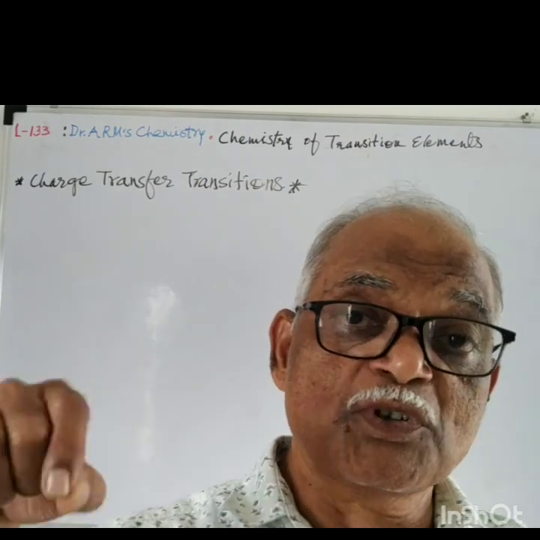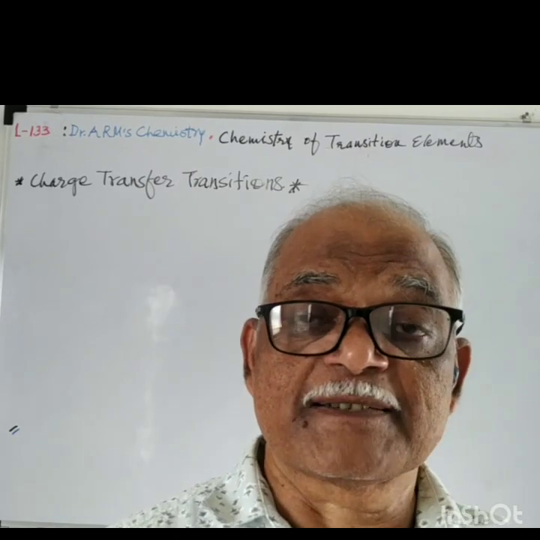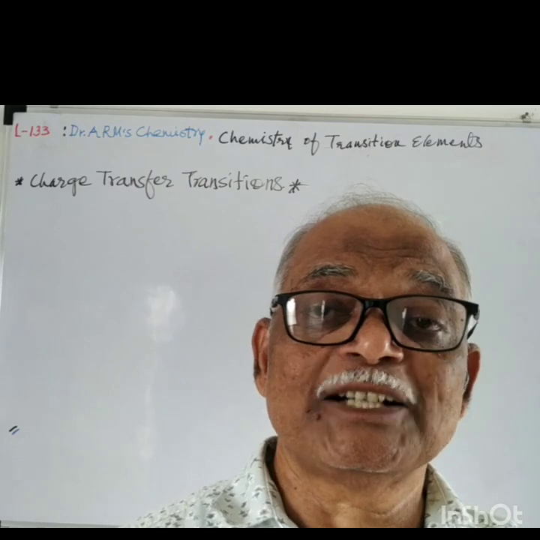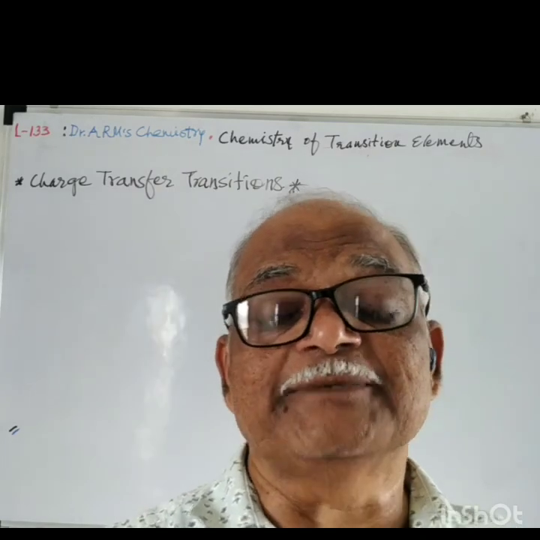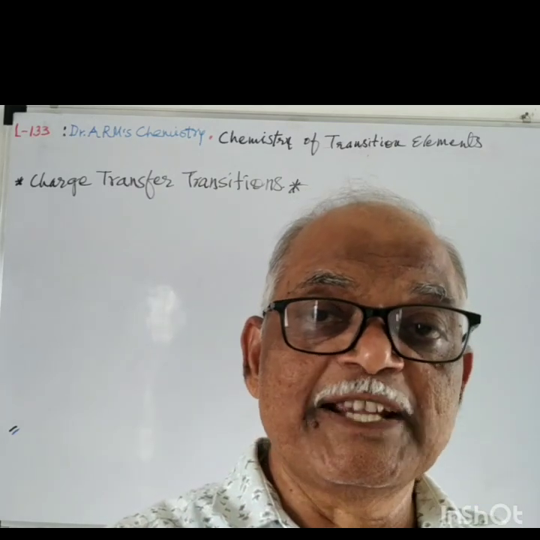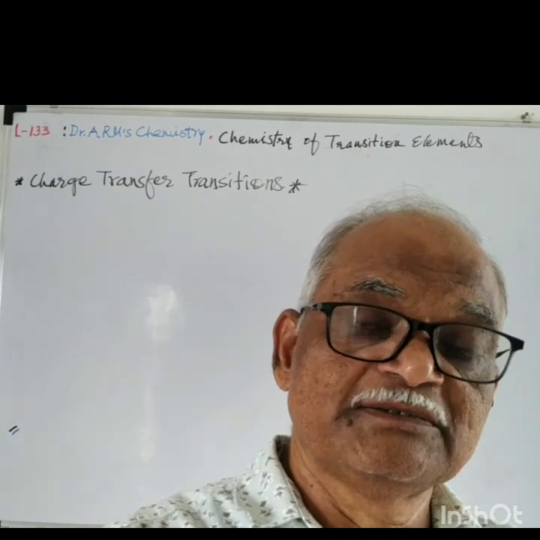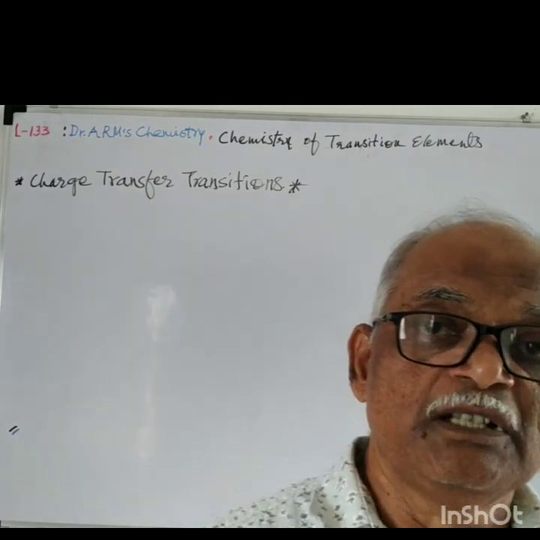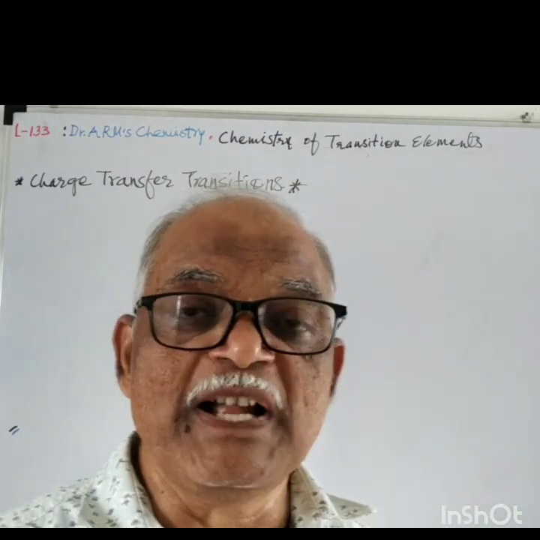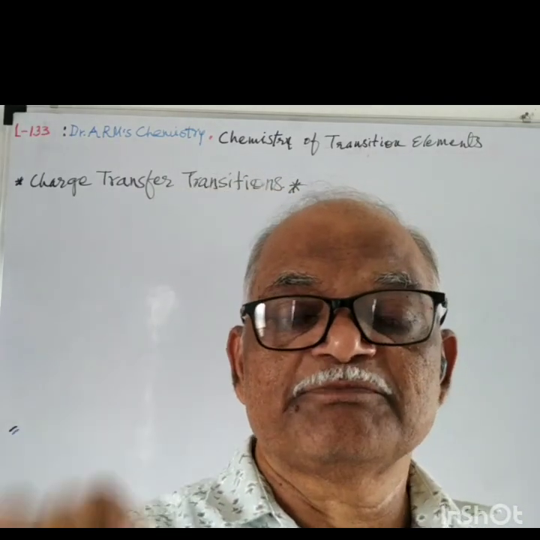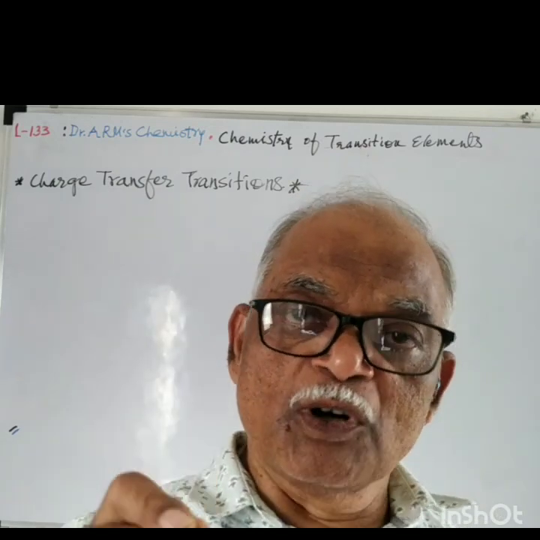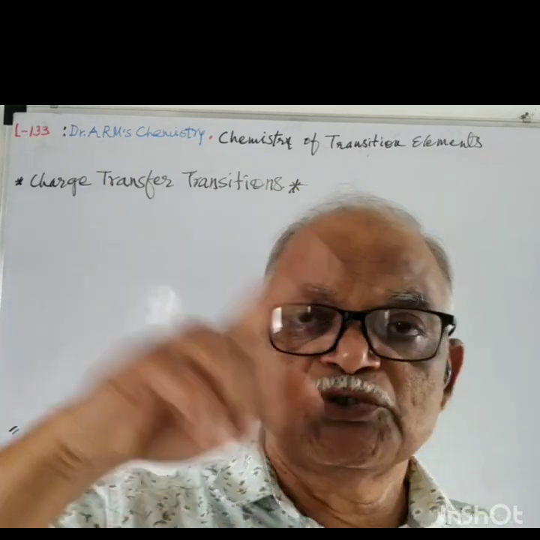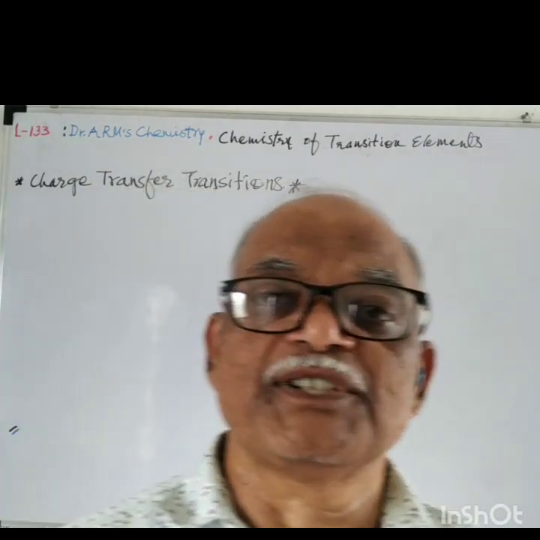But in the case of these transitions, which are called charge transfer transitions, the electron density shifts from one location of the molecule to another location. For example, the metal ion is shown at the center of the molecule, and ligands are shown around the metal ion.